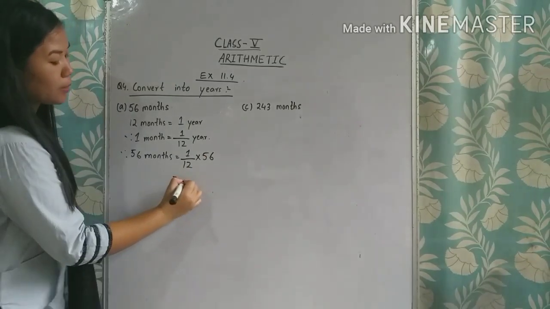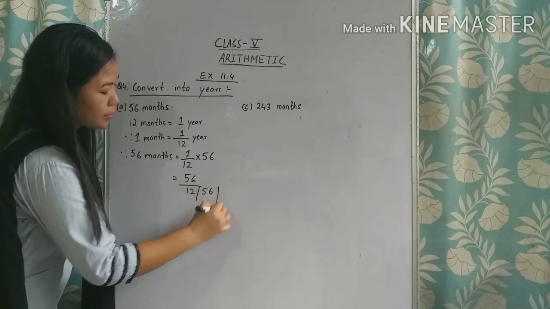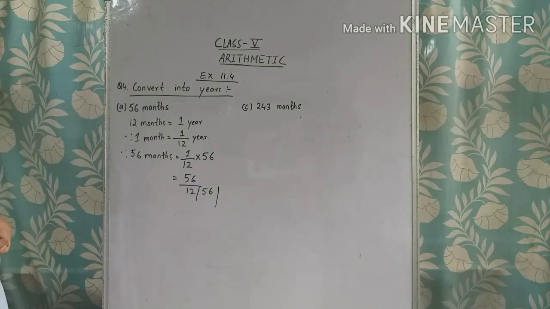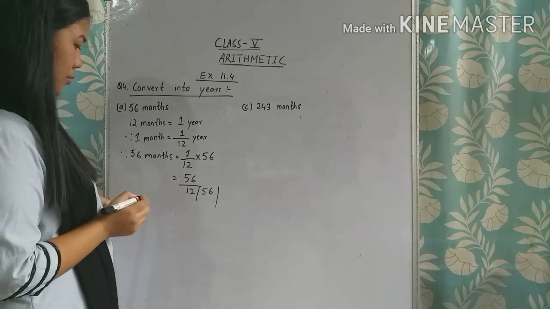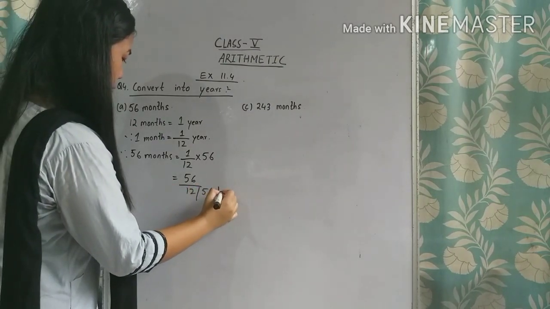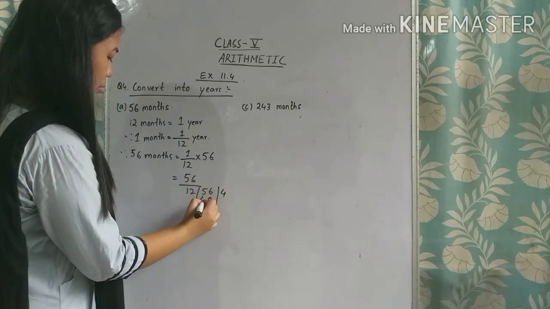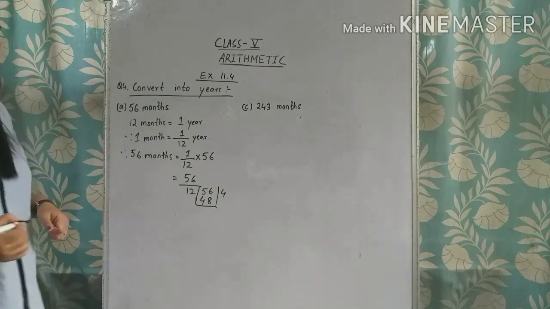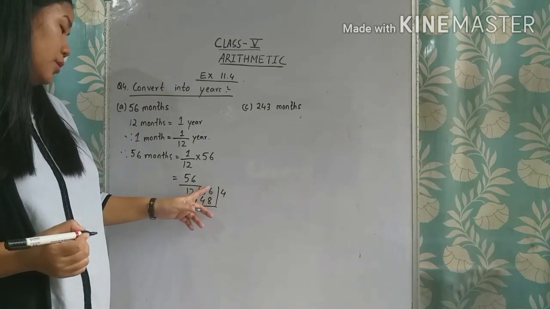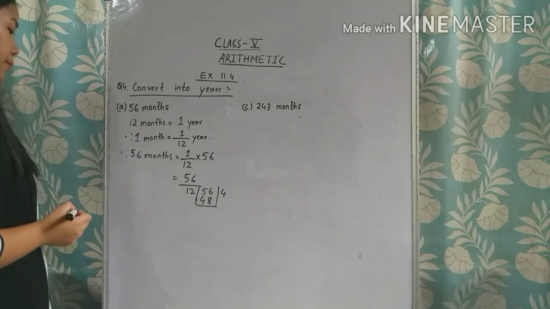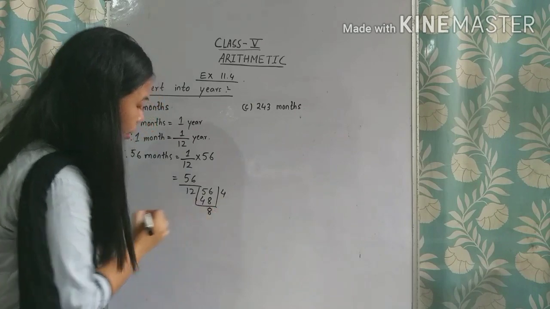Okay, so let us directly divide. 4 2s are 8, 4 2s... so 16 minus 8, 8.